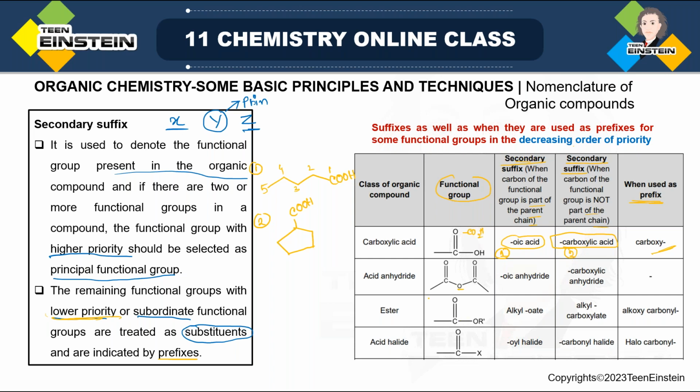Oxygen, and on both sides we have some C double bond O, and on these two sides there will be some other R group, that is, carbon hydrogen substituents. So it is now oic anhydride, but if they are not part of the parent chain, it is carboxylic anhydride. And they are not used as prefix because it is difficult to make you understand right now why they are not used as prefix. The more examples you see, the more rules you will learn, and it will gradually become clear why it cannot be used as prefix. Fine.